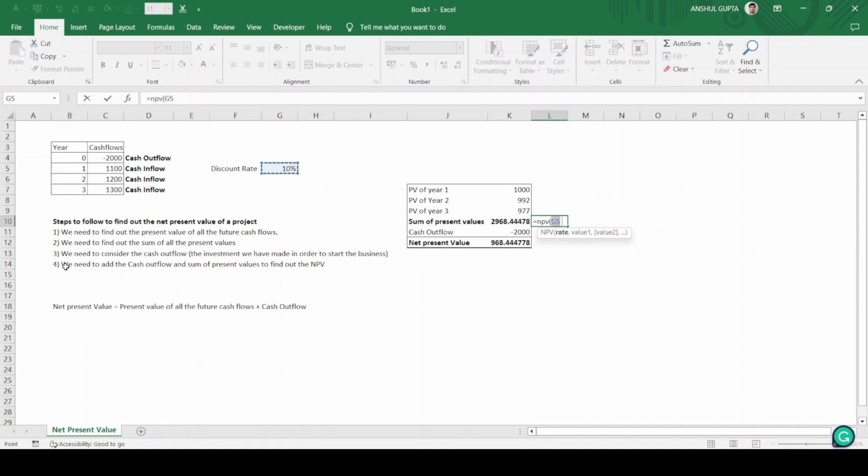Our rate is 10%, and the values are these 3 years. Close the bracket and press enter. And as you can see, by using the NPV formula, we can directly calculate the sum of present values. So the next thing we need to consider is our cash outflow, and by simply taking the sum of these two, we can easily calculate the net present value of our project. That comes out to be 968 in both the cases.